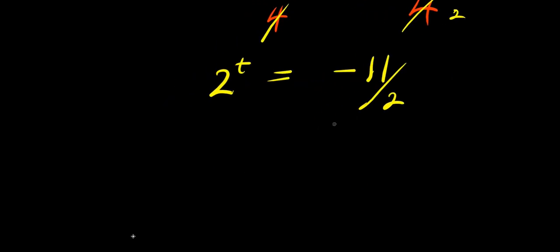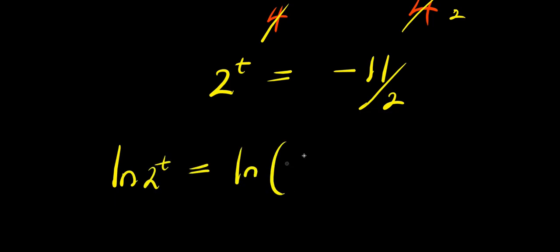Now at this point, we apply natural log. Natural log of 2^t equals natural log of -11 divided by 2.